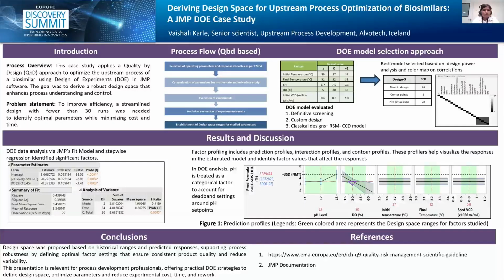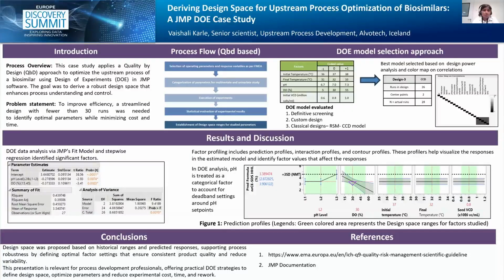In the process overview, we are deriving the design space using the Quality by Design, or QbD, approach. For that, we have explored the DOE in the JMP software. The goal was to derive the design space for better understanding and better control of the process.